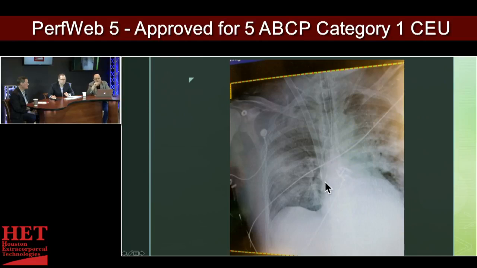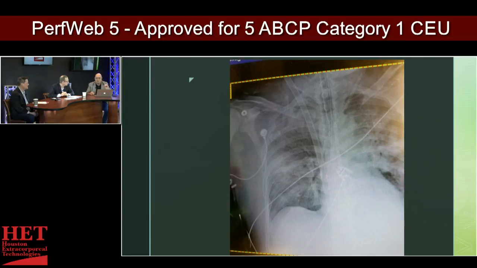Now, is the IVC on an X-ray like this going to be inferior to the dome of the diaphragm, or is it going to be above it? I know the liver is right there, but how far down to that diaphragm, or does it need to be below it to really be certain you are in the IVC and not just at the right atrium?